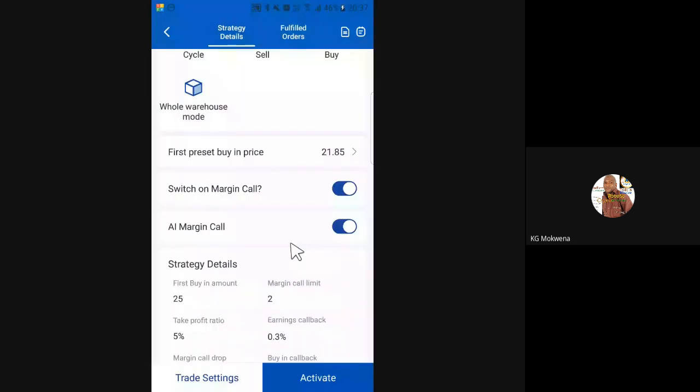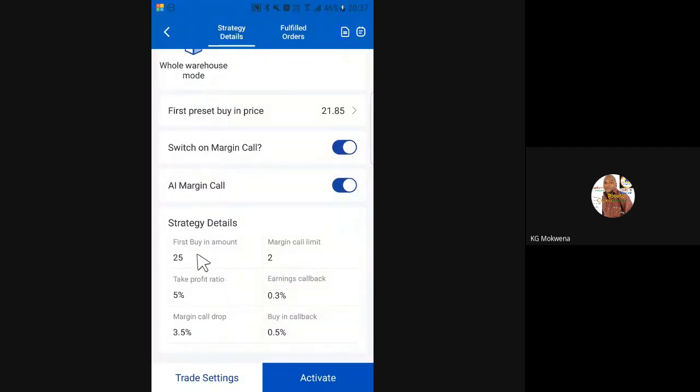So now what we're going to do is you can see just the summary of the strategy details. The first buying amount is $25. You see, $25. Actually, always switch on, please. Margin calls must be switched on so that these two margin calls can be taken should the market continue to go down. Very important.